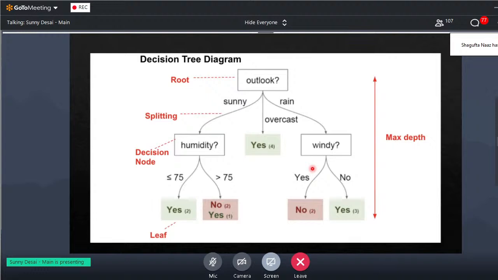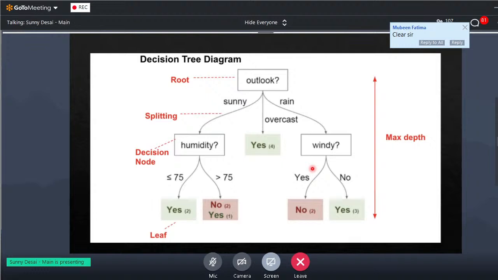Based on that, you will decide whether your friend is going to come and play with you or not. And that is how you develop a predictive model. Okay, is this clear to you all? Yes, so this is clear to you all, right?